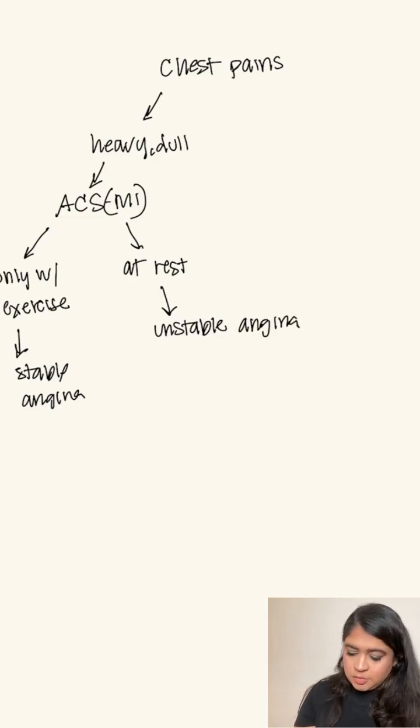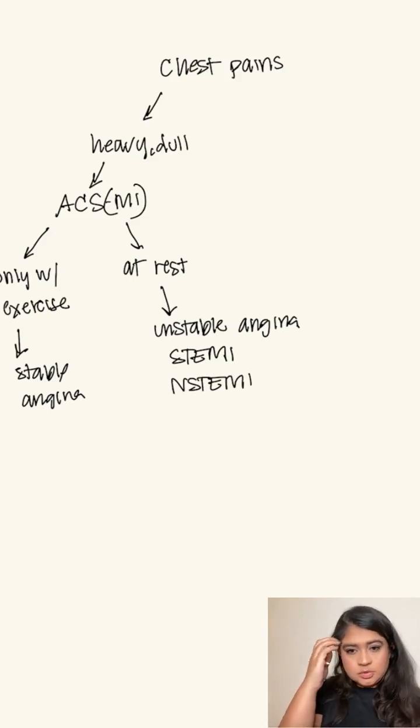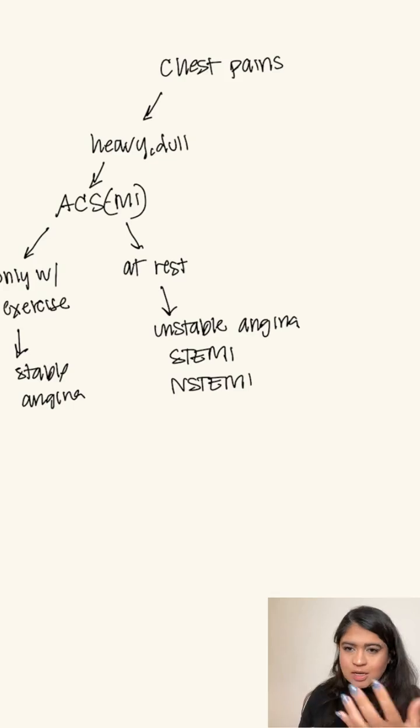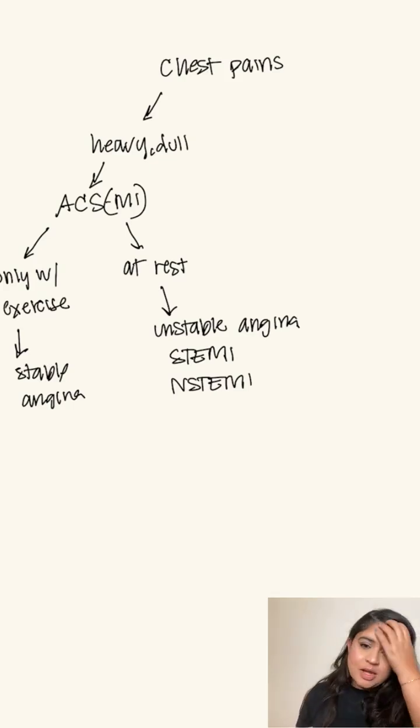It could also be STEMI. It could also be NSTEMI. That's chest pain all the time, not related to exercise. So if it's only with exercise, it's stable angina. If it's at any point or not related to exercise or at rest, then you're thinking of these three things.